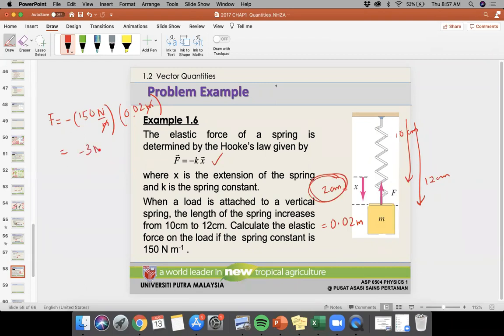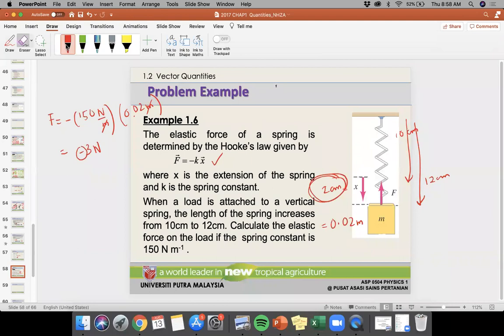Minus 3 Newton. So just now the x was in the downward direction and the force is negative. If we define the downward motion as positive here, the force is negative here, meaning the force is going upwards. But if I'm really going to be smart about this, I would say downward displacement is actually negative.